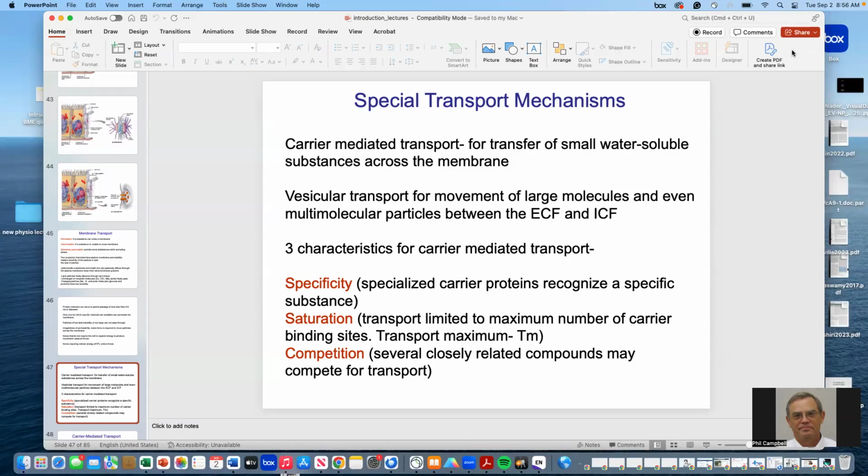So you have one set of proteins that transports, say, sodium, another one that transports chloride, or maybe sugars or something like that. So you have specificity. So that means that you have the transport proteins that will be distributed across the surface of a cell. You have different proteins which are designed to transport different things. That's specificity. Next is saturation.